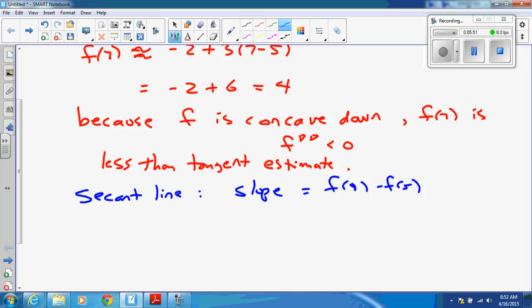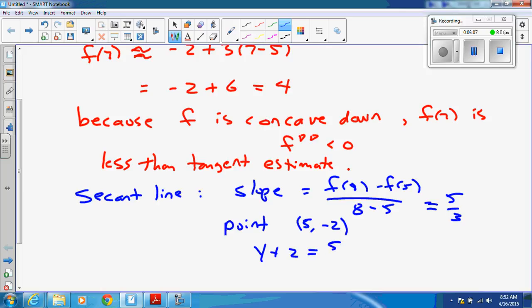We've already computed that the slope is 5/3, and we'll take a point to be 5, comma negative 2, so that y minus y1 equals slope times x minus x1. And so this is my secant line.